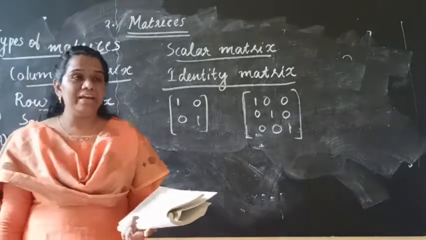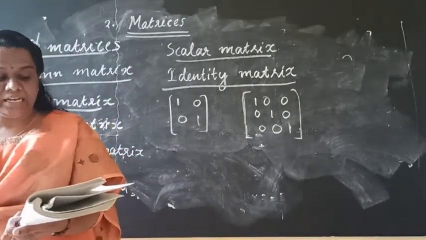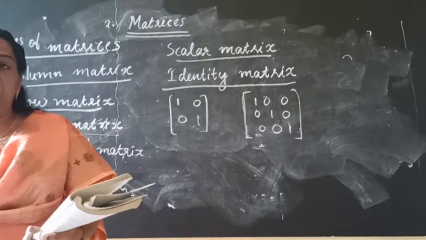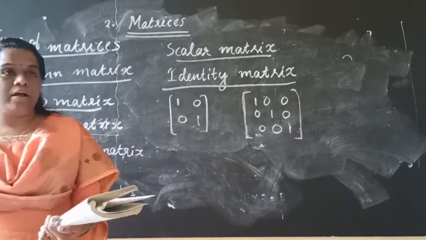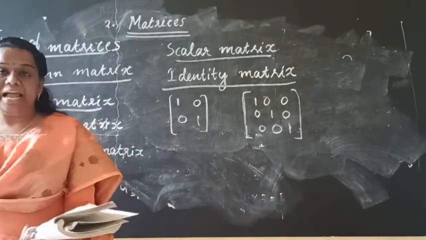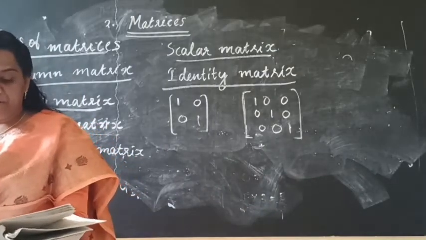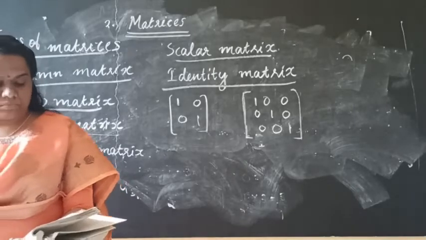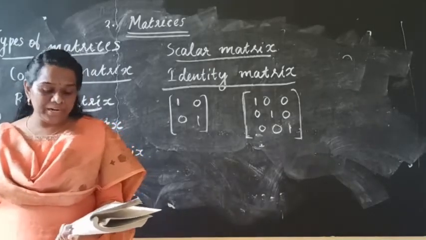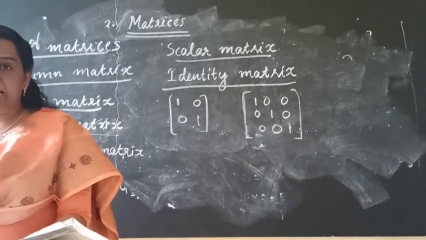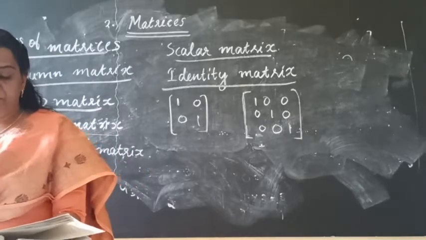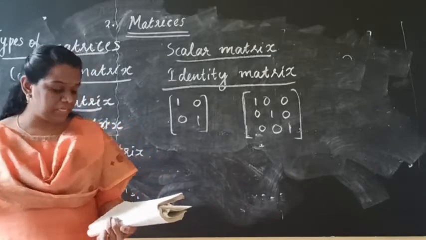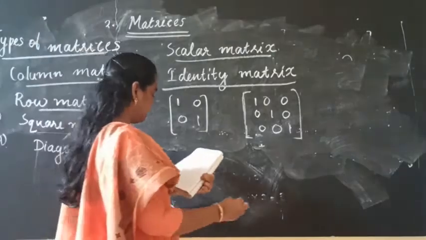So, what is the definition of identity matrix? A square matrix in which the diagonal elements all are 1 and the rest are all 0. How to write it?